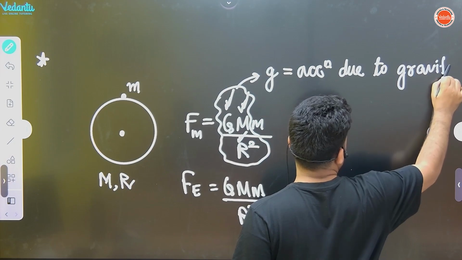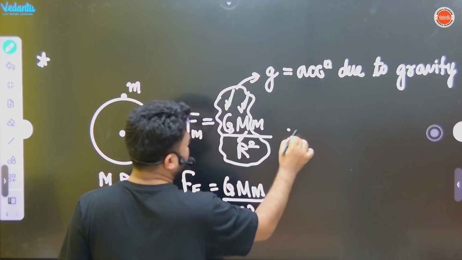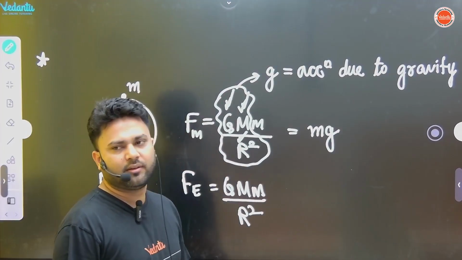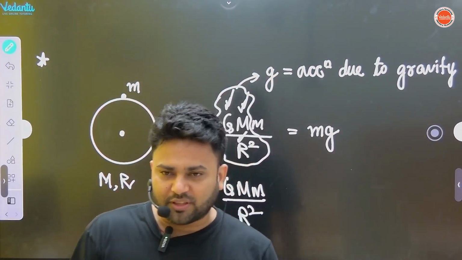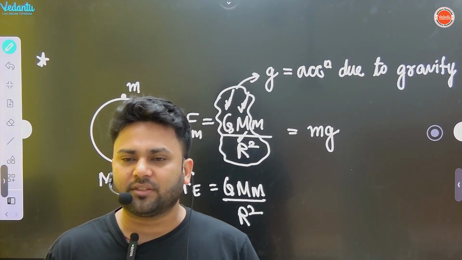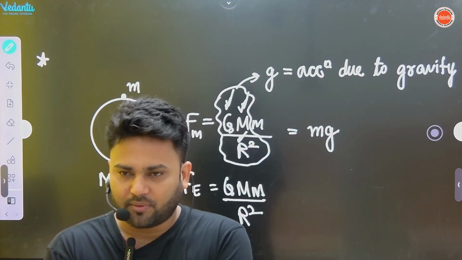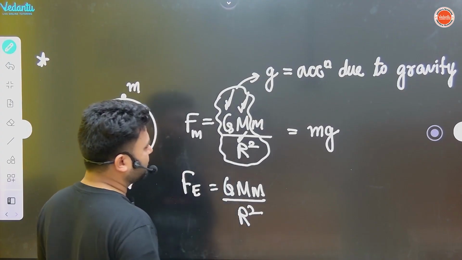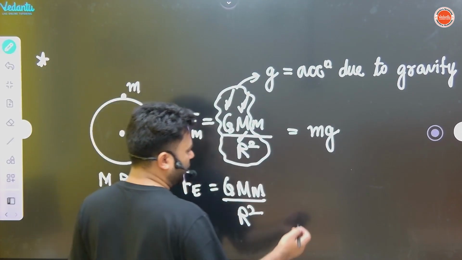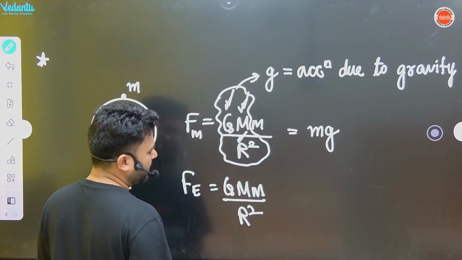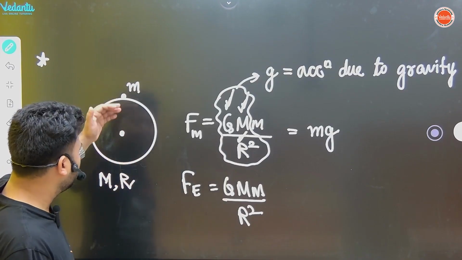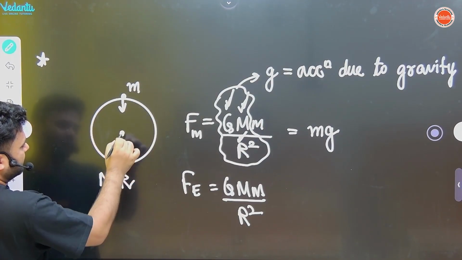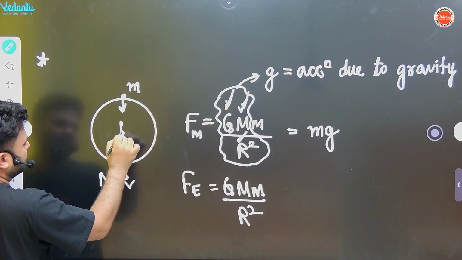So finally, this formula becomes small m into g. That's why the force with which the earth attracts is how much? mg. The force with which the earth attracts any object is what? mg. So always remember this is mg. So we are attracted towards the earth. See, we will be attracted in this direction. The earth will be attracted also, but the earth is very heavy.